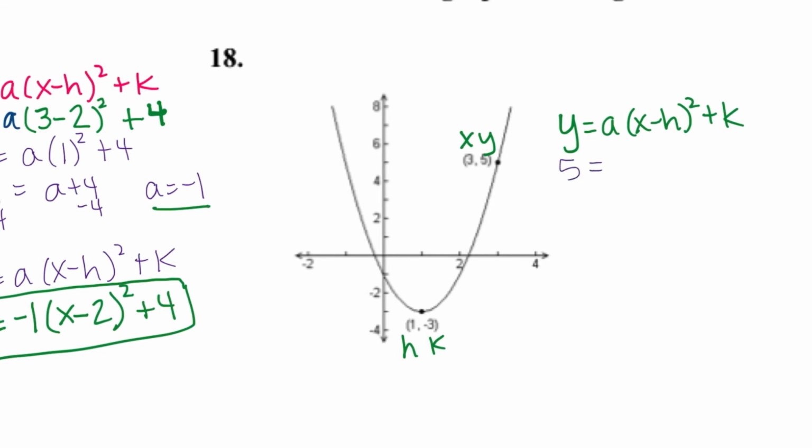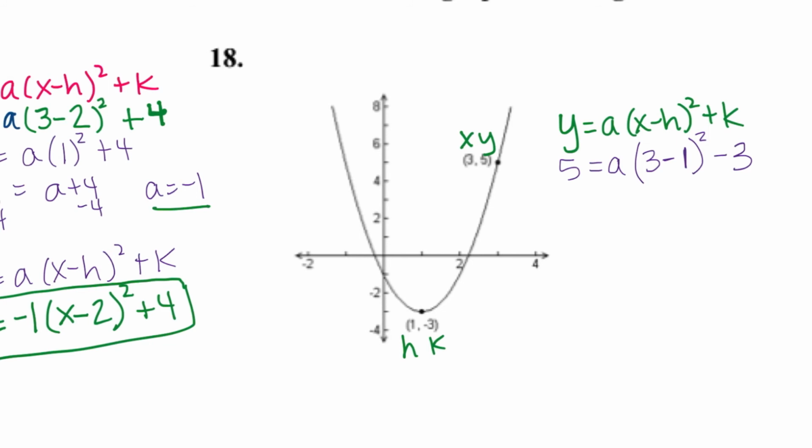My y is 5. My a, I don't know. My x is a 3. My h is a 1, but I need a minus 1. We changed the signs on whatever the h is. I have my squared and my plus k. My k is negative 3, so I have a plus and negative 3, which is just minus 3.